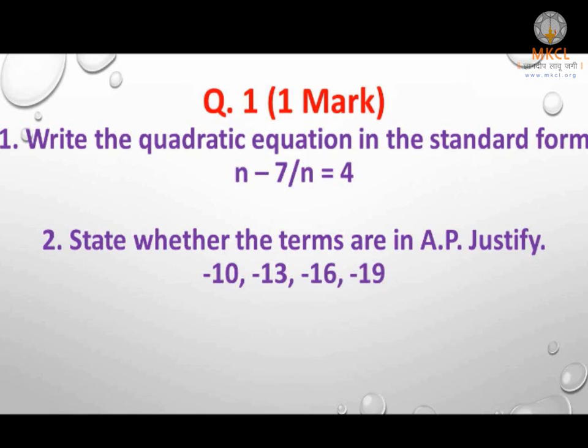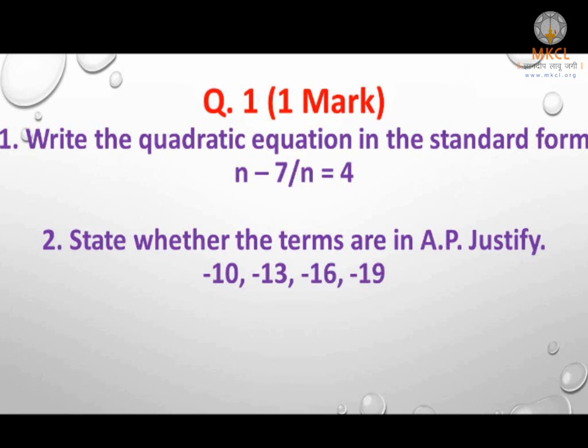If we do that and multiply both sides by n, we'll get n square minus 7 is equal to 4n. Bring 4n to the left hand side and you will get the equation n square minus 4n minus 7 is equal to 0. And this is the quadratic equation in the standard form ax square plus bx plus c, which you are quite aware of.